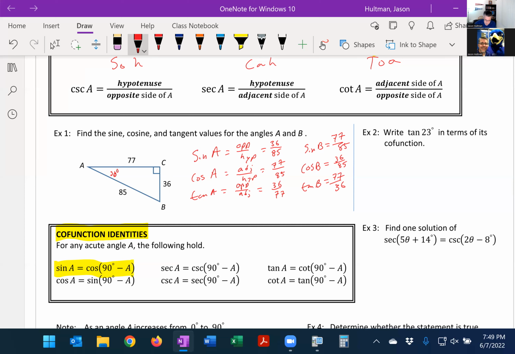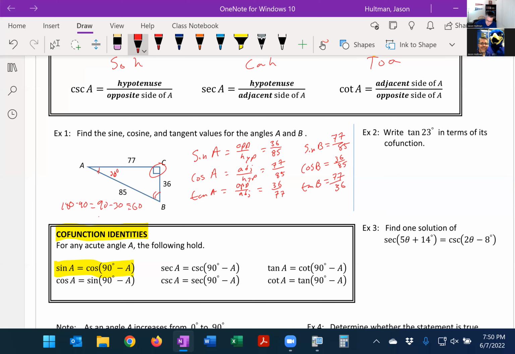So if the angles in a triangle have to add up to 180, and I already have a 90-degree angle, then 180 minus 90 is 90. And so then I can say, well, okay, now A and B have to be complementary angles. Angle A and angle B have to both add up to 90 degrees. So I'm going to subtract 30 and I get 60.